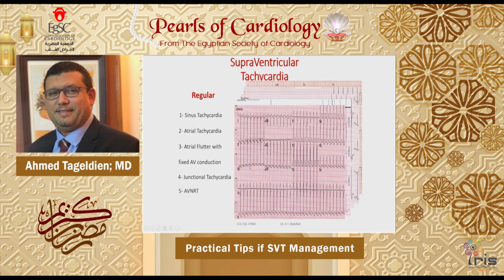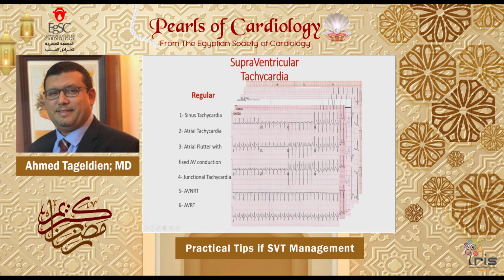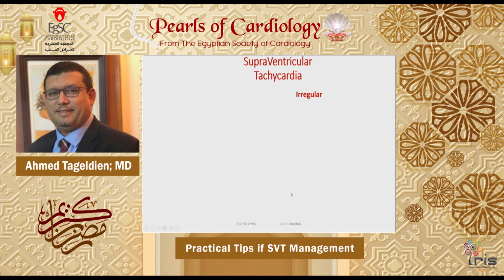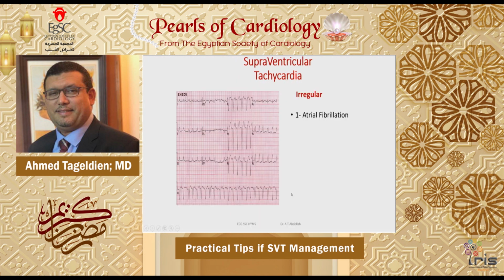However, there is some distortion of the terminal complex of the QRS representing a retrogradely conducted P wave. Then we have AV reentrant tachycardia, again a fast heart rate of maybe 180 up to 240, and this type is the orthodromic tachycardia.